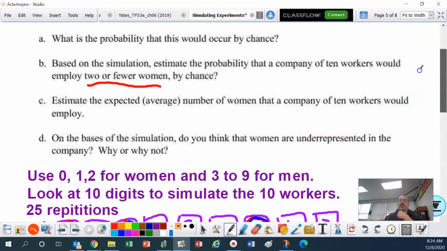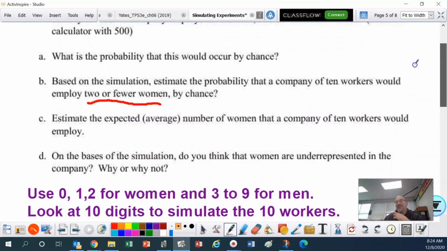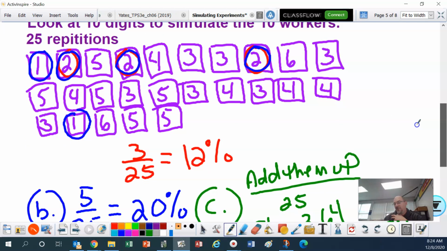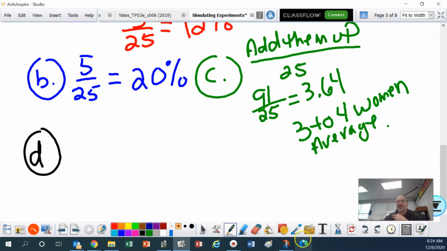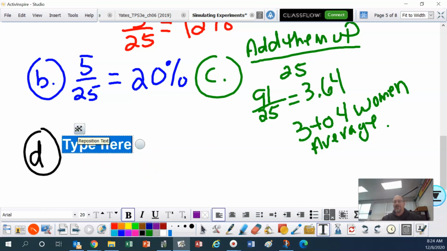But 2 women being in the company is not really that far off. I know we got 12% in our simulation, but think logically here, really 2 is not that far from 3. So I would say no. You may argue with me, that's fine, but this is what I'm going to say.